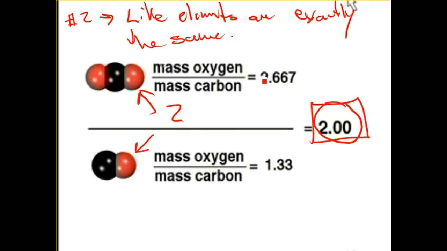We've just discovered, based on this, that elements that are alike are exactly alike, and that elements that are different, like carbon and oxygen, are not alike. So they are different. That is a huge discovery and advance in our knowledge of the atom.